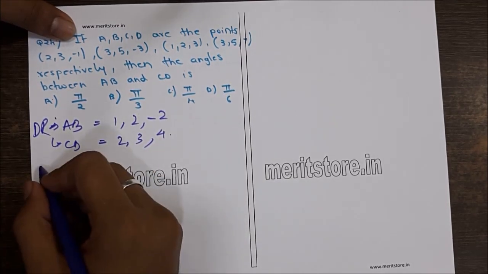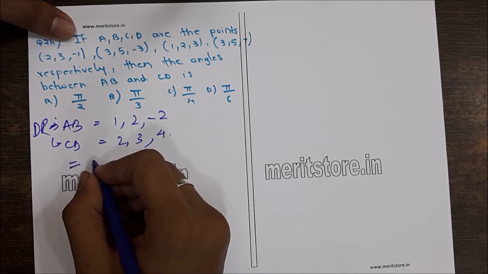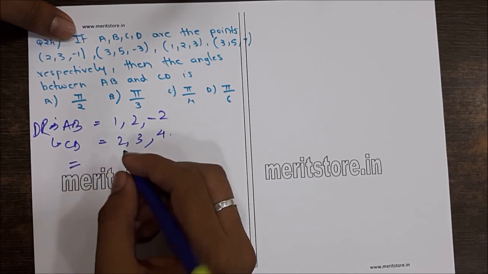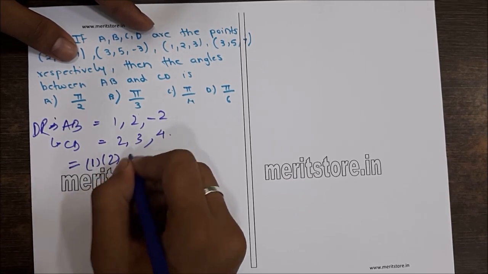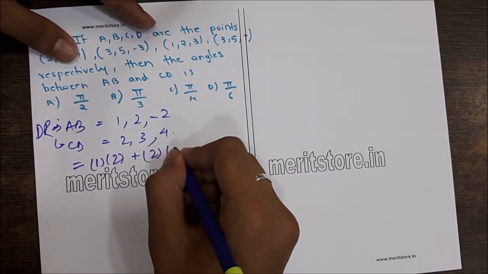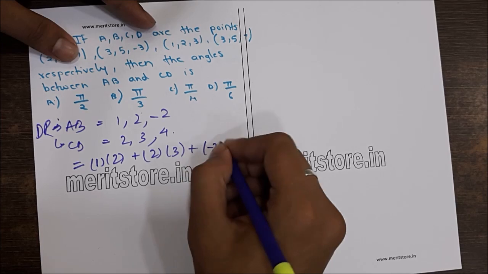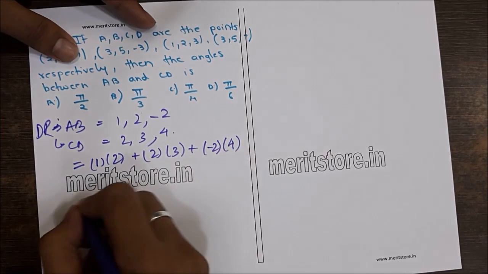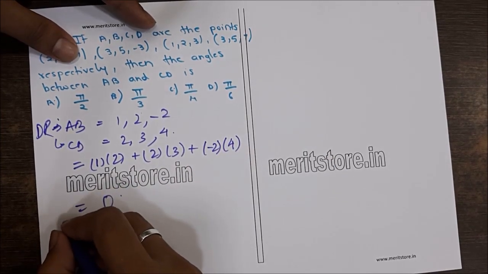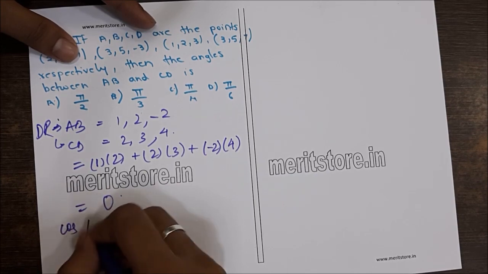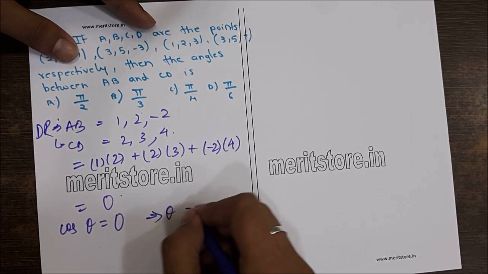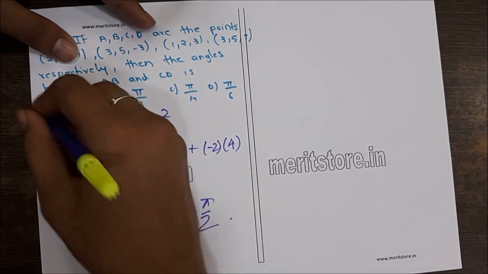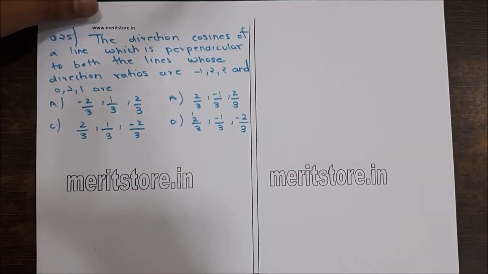So we'll get the value of a1 a2 plus b1 b2 plus c1 c2 as 1 into 2 plus 2 into 3 plus minus 2 into 4. This would be equal to 0. So we know that cos theta is equal to 0. So the value of theta would be pi by 2. So our correct answer is option.